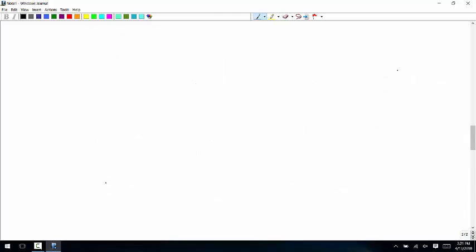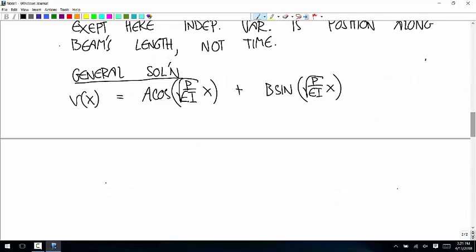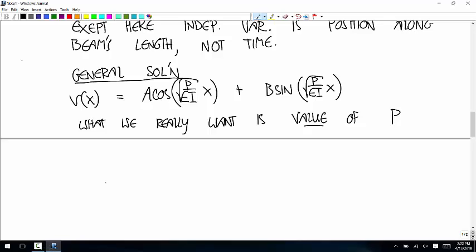Okay. And so now we have to use the end conditions, or things that we know about the shape, to figure out, what we really want is the value of P where the system becomes unstable.